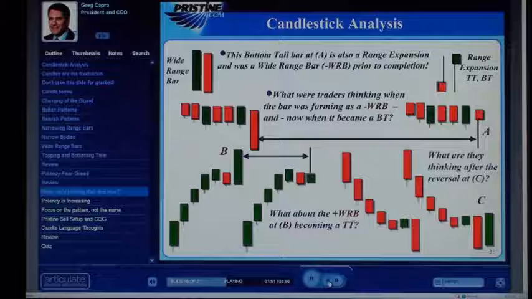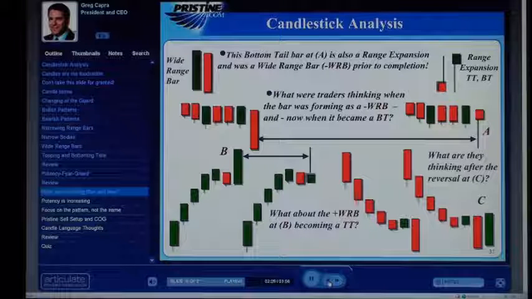Look at B. There was a bullish wide range bar breaking out above those prior highs. At the completion of that period, it was a topping tail bar. Now, what if you were to write into your trading plan that I will only trade climactic sell setups when I get a topping tail bar that breaks out above two or more prior bars' highs, and you have an extended move already.